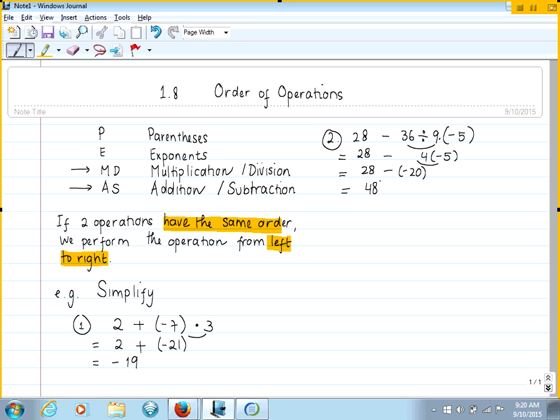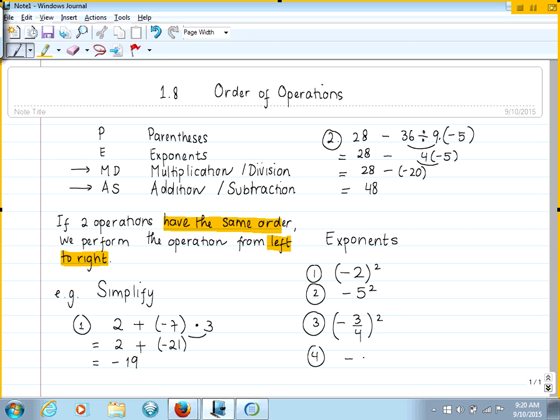So now, the other thing that I want to go over is a little bit of exponents. So we will write exponents first. What is negative 2 squared? What is negative 5 squared? What is negative 3 over 4 squared? And what is negative 7 squared?